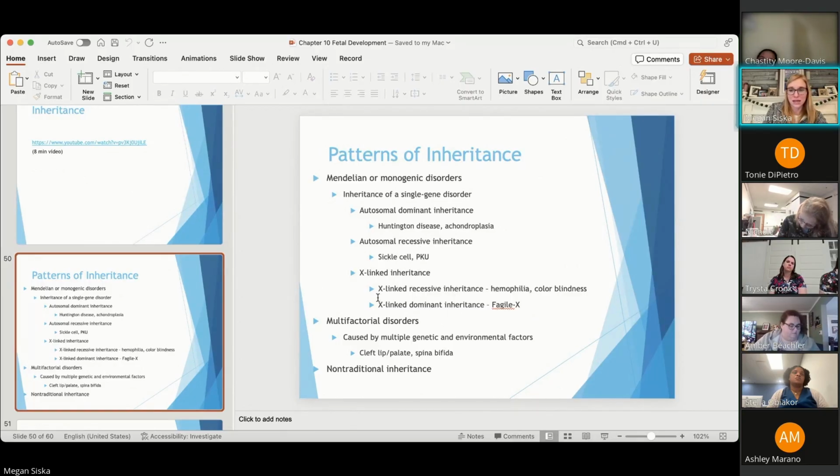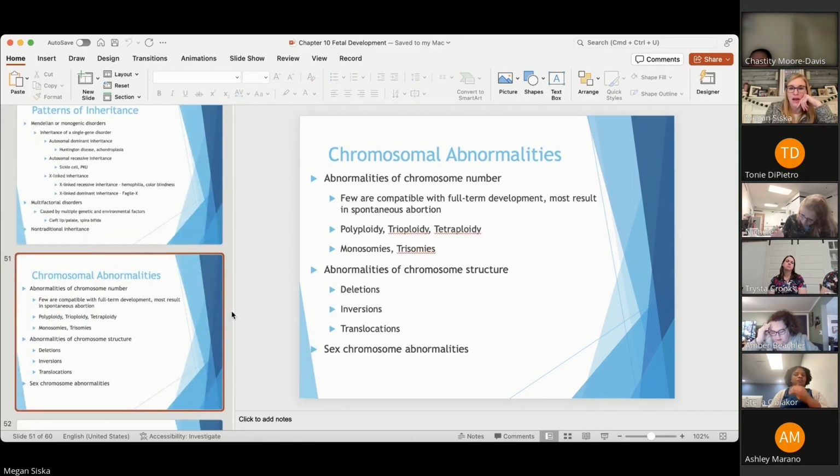There are X-linked disorders. Anyways, just to give you a little bit of a reference. And then there are other genetic disorders that have multiple factors. It's not just one gene.